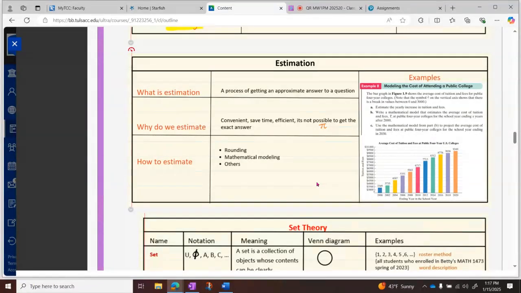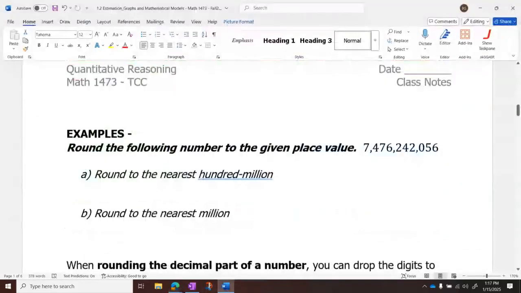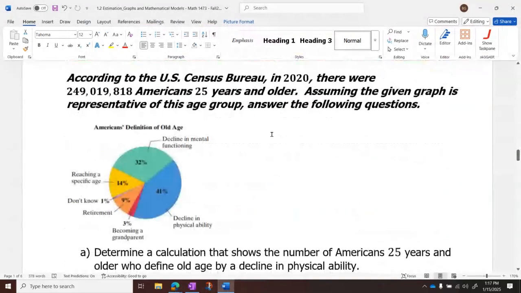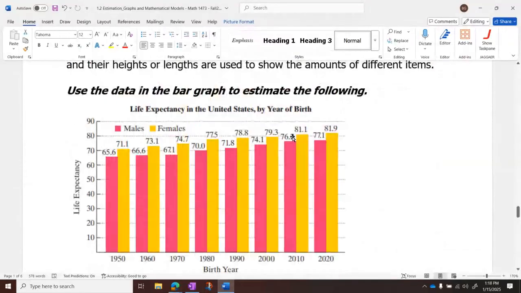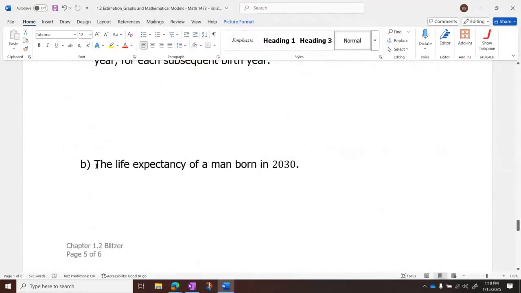Another thing of this section that's more challenging is the mathematical model. In mathematics, we use the technique of modeling to estimate some real world situation. So I'm going to show you the question in a guided note. The last question. We're going to work on this problem, okay? I'm going to modify this problem a little bit.